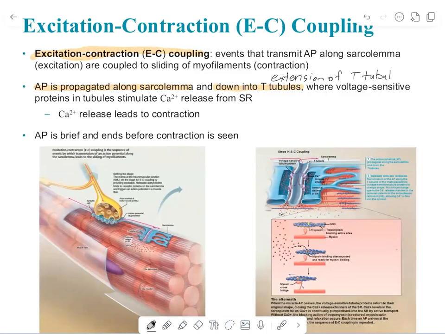And in the T tubules, there are voltage sensitive proteins, and these voltage sensitive proteins are going to allow calcium to be released from storage. And it's that calcium that leads to contraction.